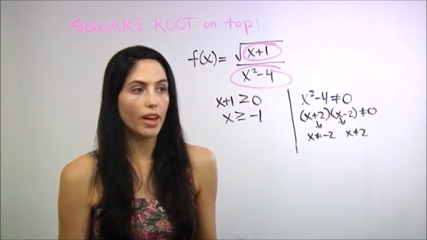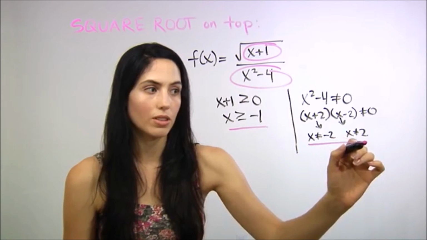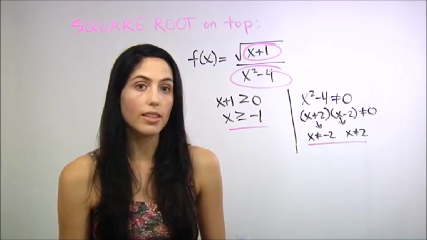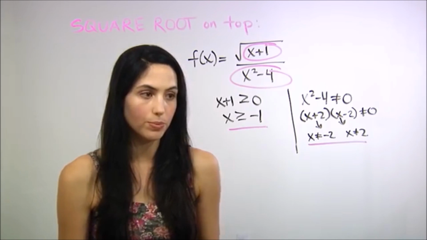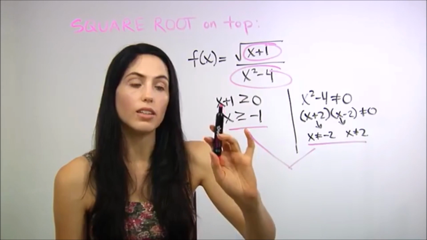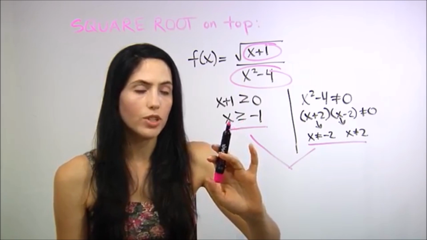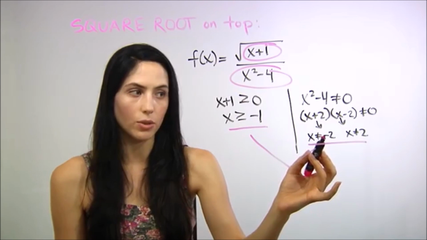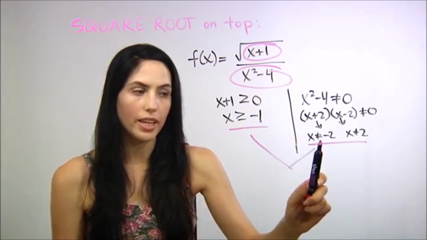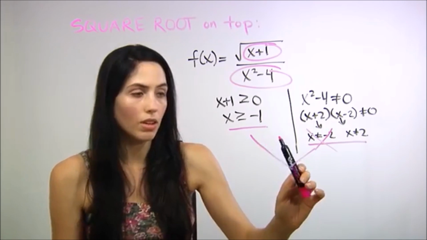Okay, so we have this restriction from the root, we have this restriction from the bottom. What you have to do in this case is take the intersection of the two. So if we think about this, x has to be greater than or equal to -1, which already takes care of -2. If x is greater than or equal to -1, we can't have -2 anyway, so you can ignore that one, throw it away.